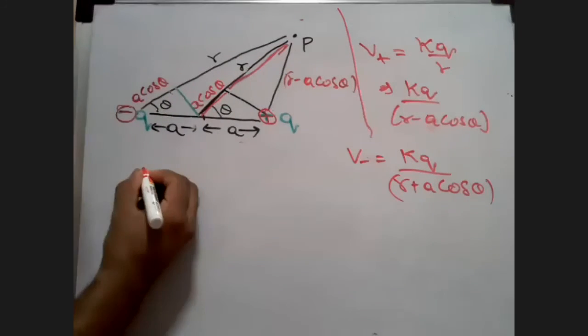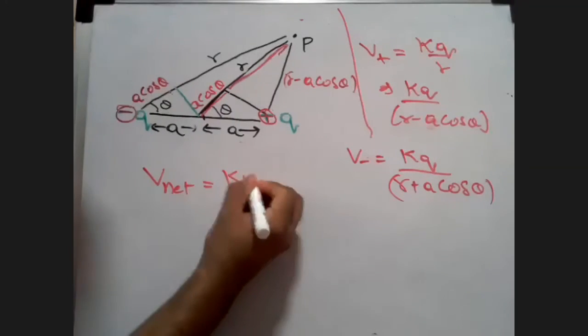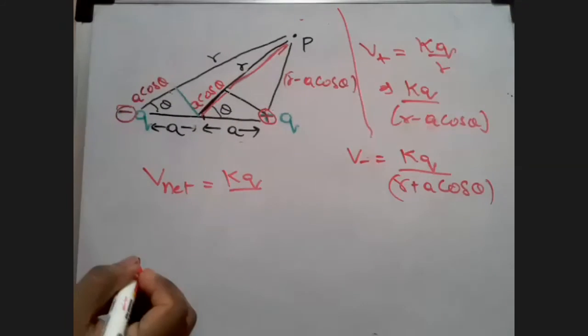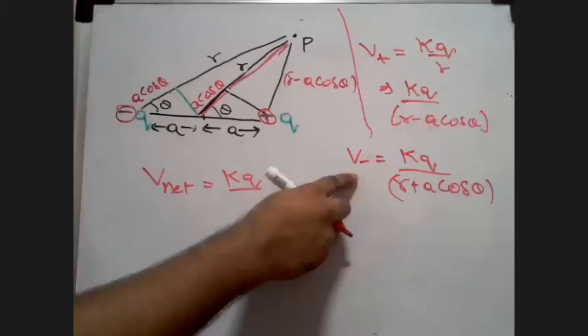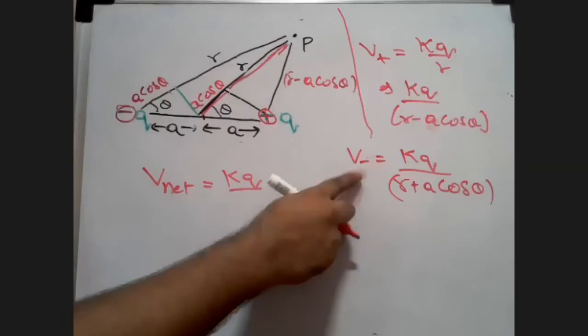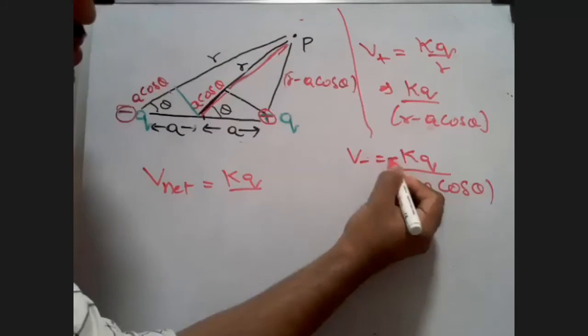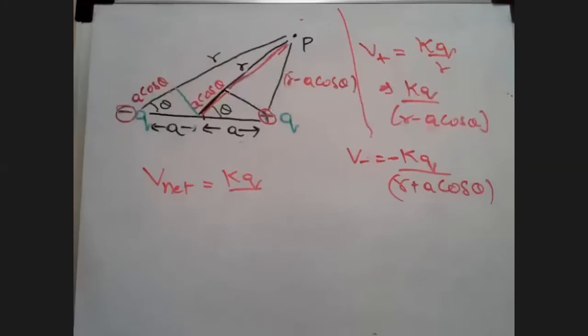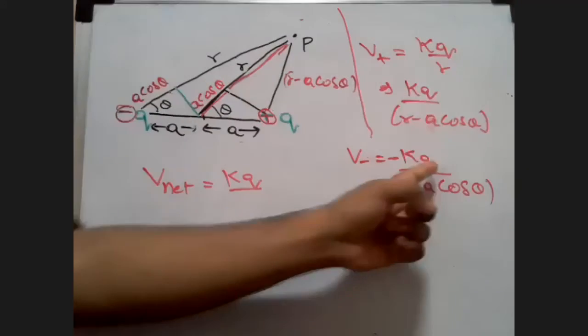So what is going to be the net potential? Listen to me. What is V minus going to be equal to? It is going to be minus KQ, because it is due to a negative charge, Q minus.